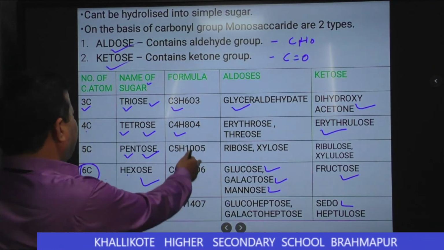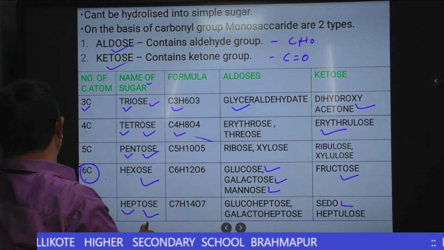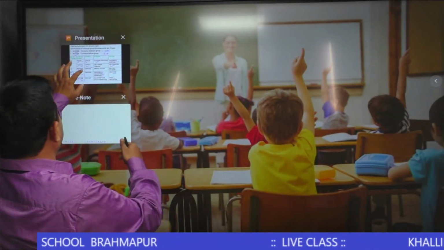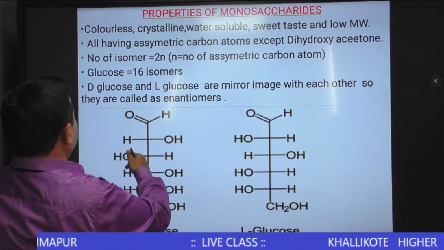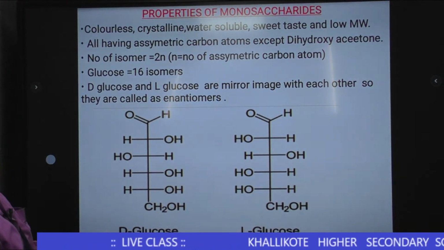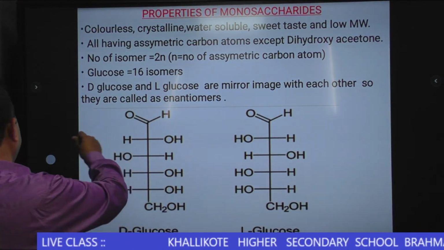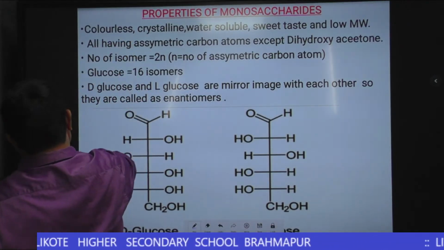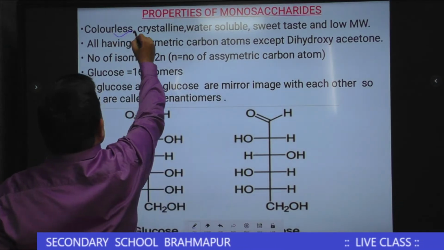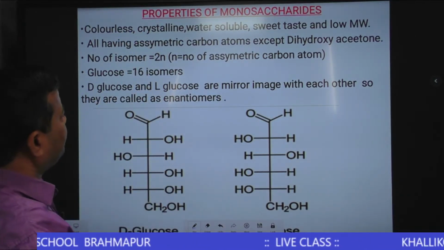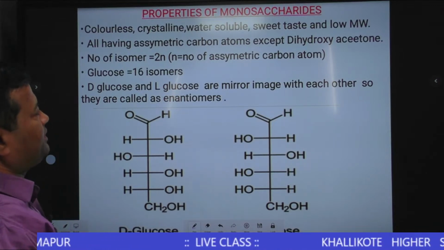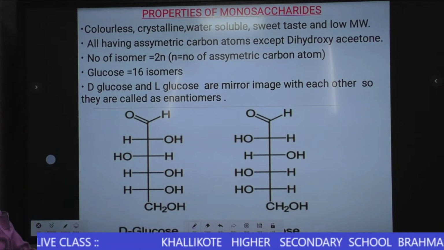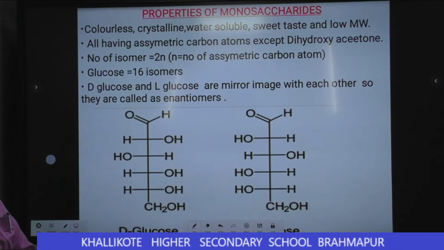Okay, my dear student. Then comes the properties of monosaccharides. First, the monosaccharide is colorless, crystalline, water soluble, sweet tasting, and of low molecular weight. Low molecular weight means its molecular weight is less than 100 Dalton.